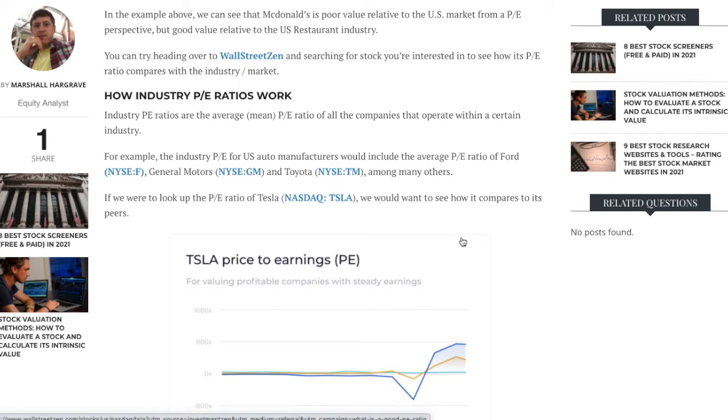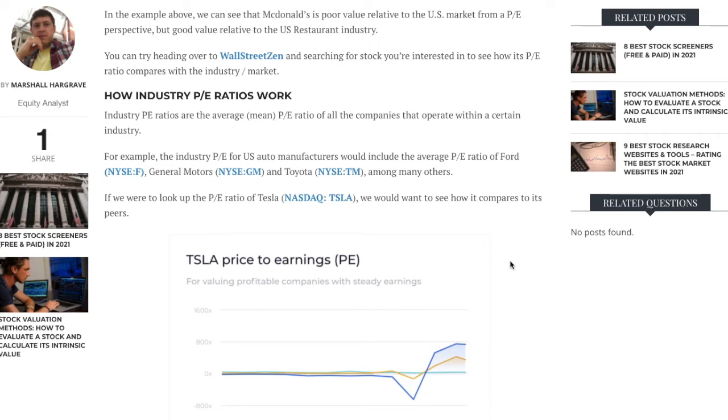So to make full use of a PE ratio, you need something to compare it to. So let's say you only invested in companies in the S&P 500, then you plan on investing in a single stock. You compare that stock's PE ratio to the average of the S&P 500.